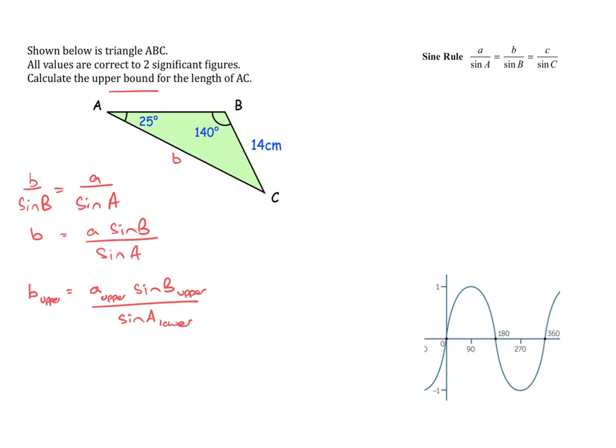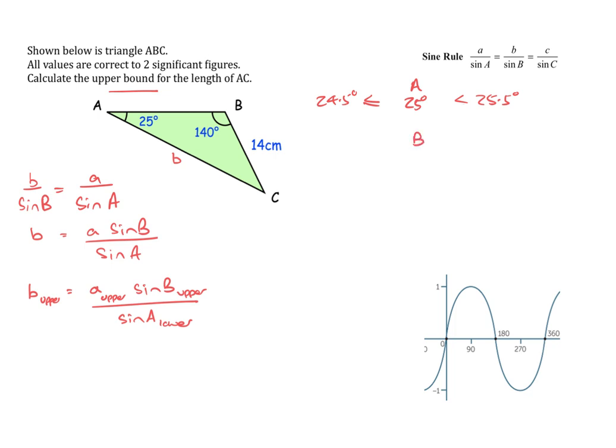So looking at the bounds, angle A is 25 degrees. The upper limit for that would be 25.5 degrees because it's to two significant figures, and the lower bound is 24.5 degrees.